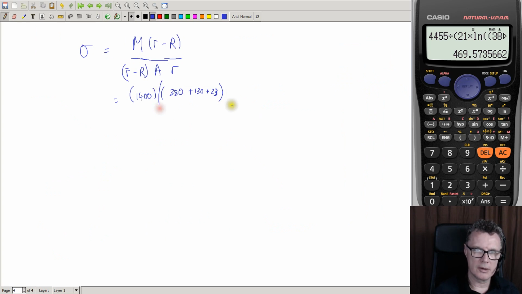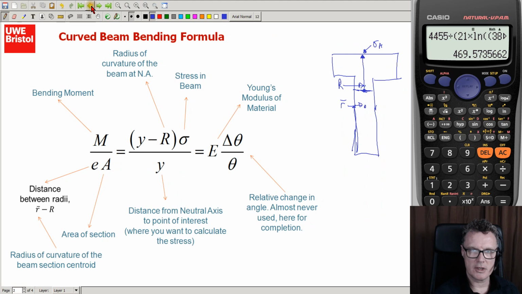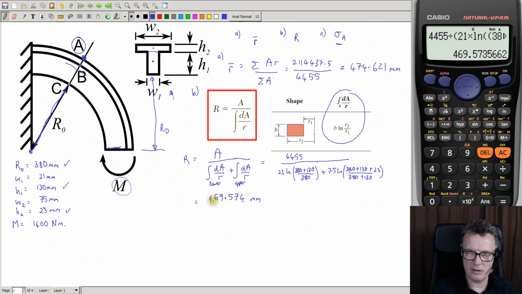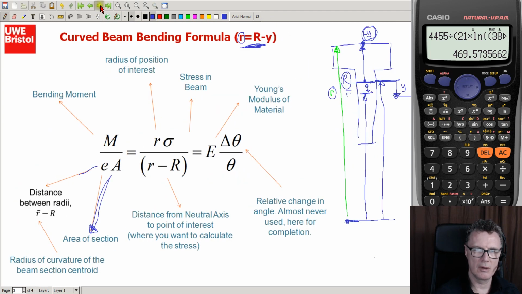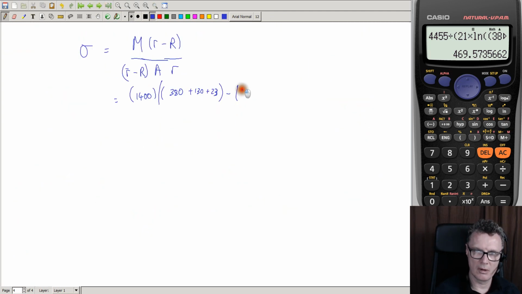Right. What about my big R? I need to go back to my first solution now. So big R is this number here, 46957. And we're putting the 4 as well.